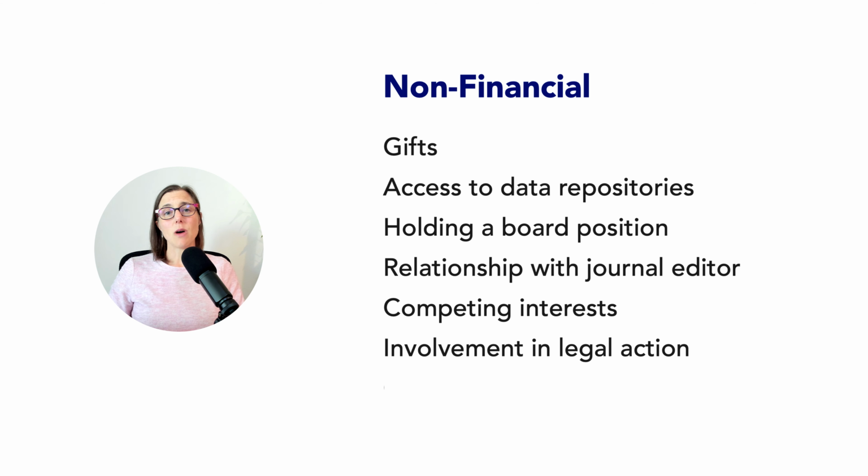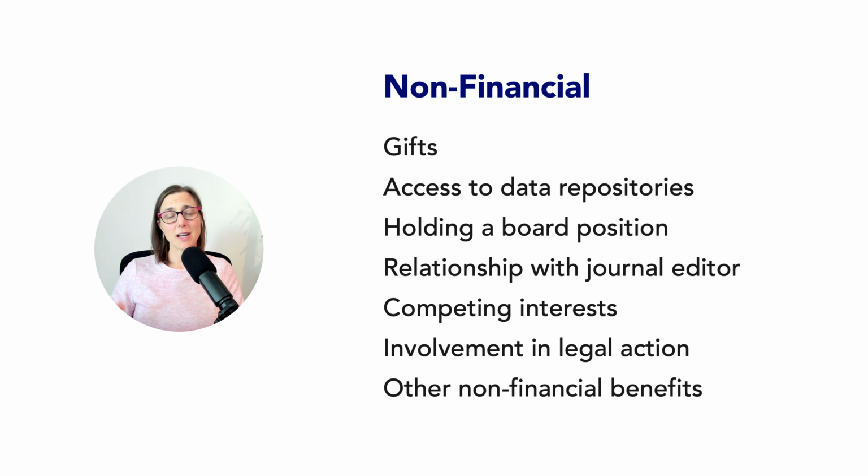For example, if you had a paper retracted for some reason or some other legal action took place or is taking place, then you need to disclose that detail. Now, this list is also not exhaustive because there are other types of non-financial relationships that you might have, so be sure to disclose any other non-financial benefits related to the development of the work.